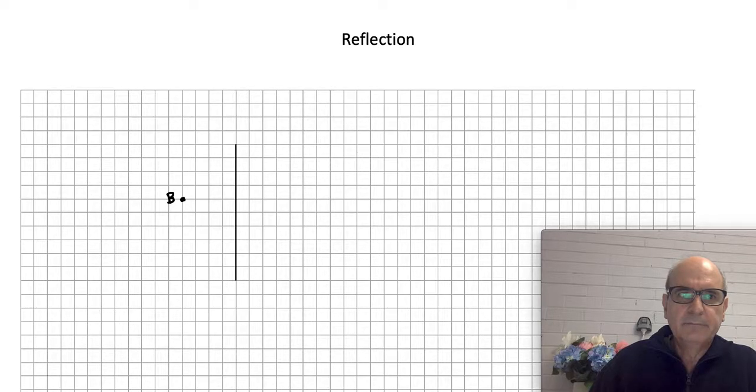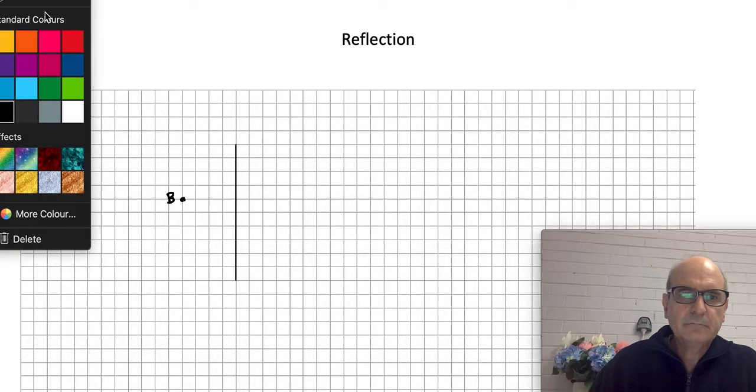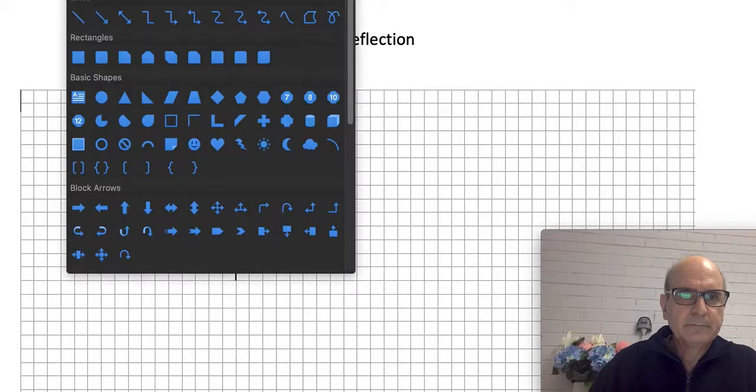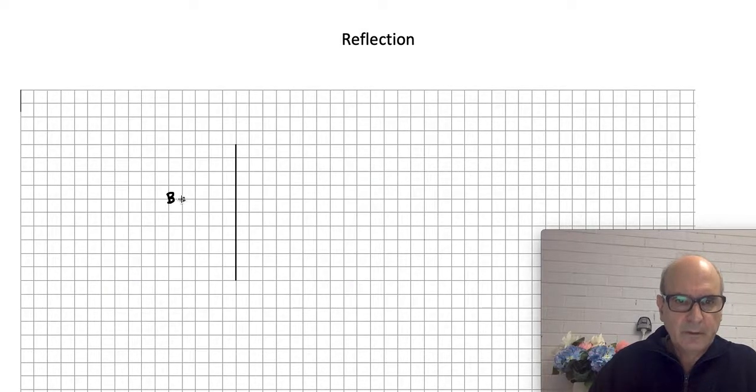So if I want to show that, so this is the point B. We start from the point B, and we come by the same amount.